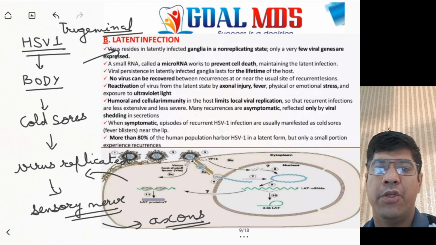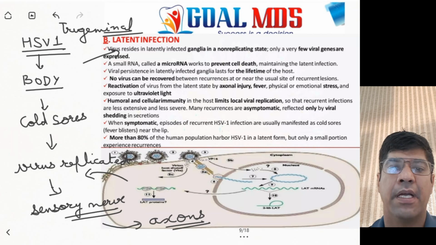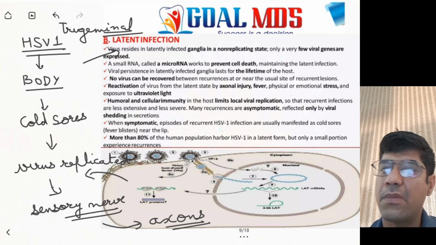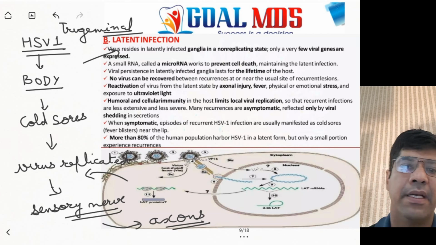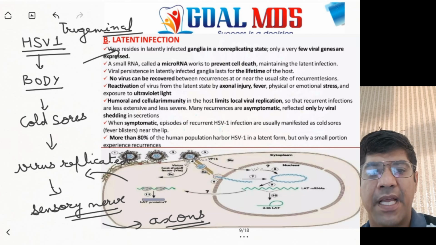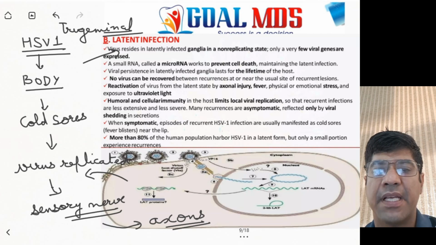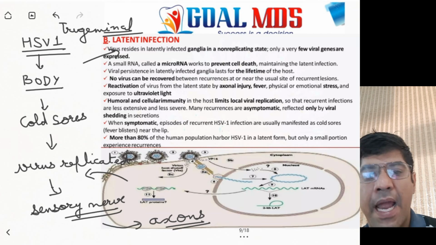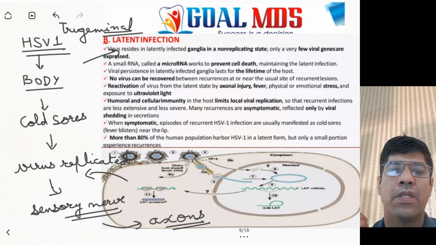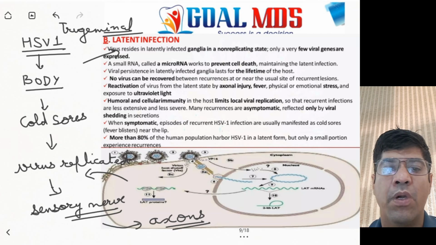Periodically the virus will reactivate from its latent state. What are the factors that cause it to reactivate? Various factors like stress, illness or a weakened immune system will trigger this reactivation. The virus will become active again, travel back along the axon to the skin or mucosa and cause new symptoms like cold sores.